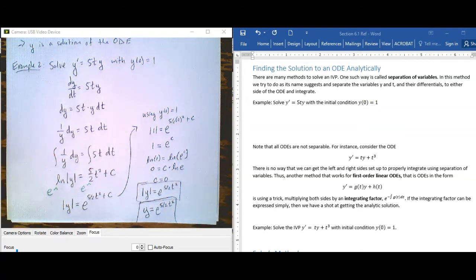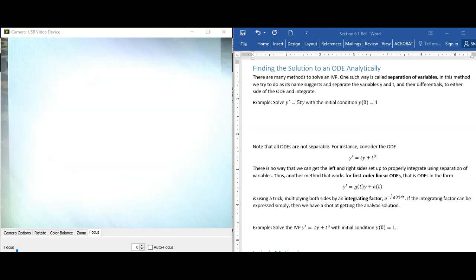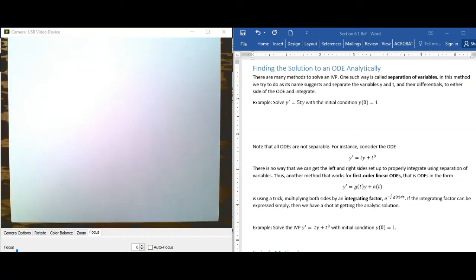Now, as for problems that are not separable, because not all ODEs are separable. ODEs in the form y prime equals g of t times y plus h of t are first order linear ODEs, and there is a separate method for solving them.